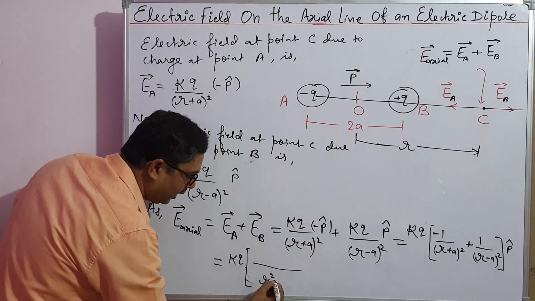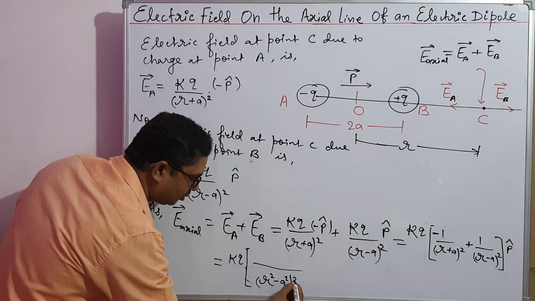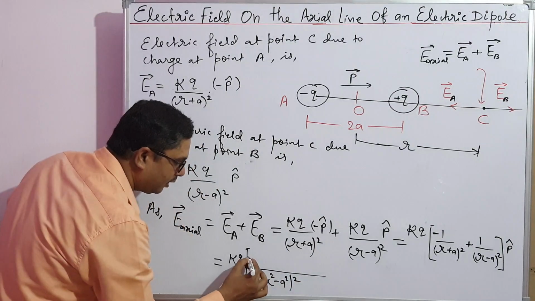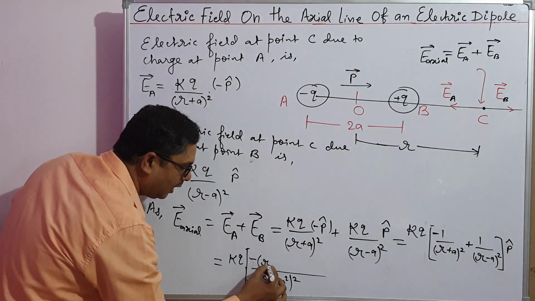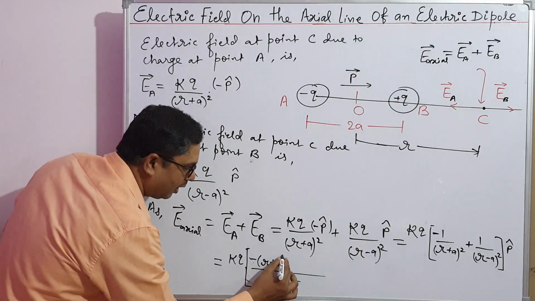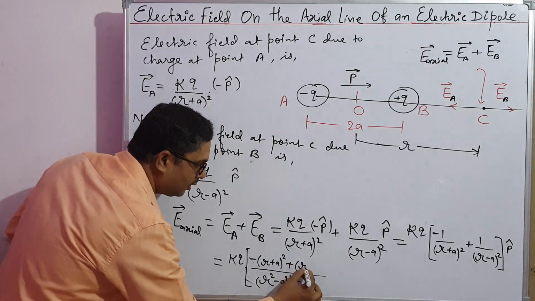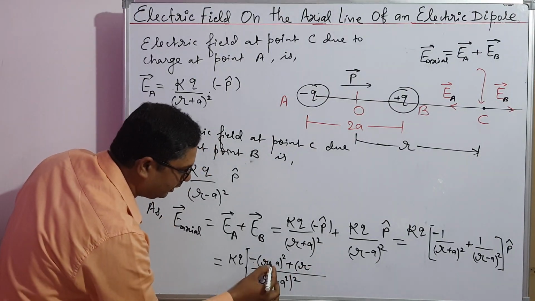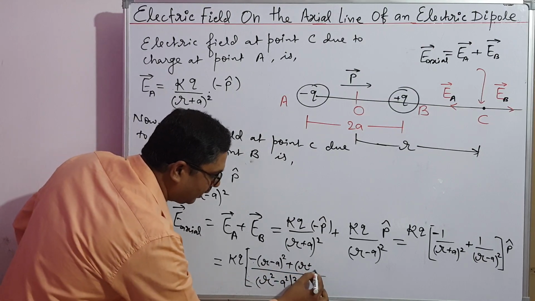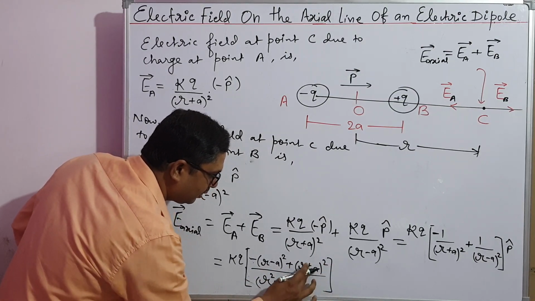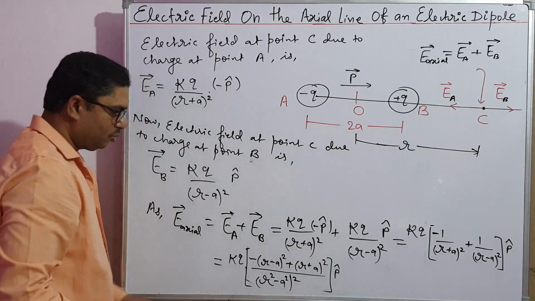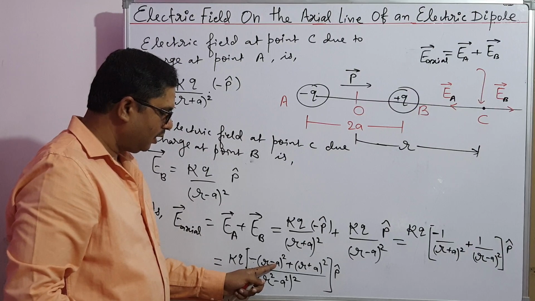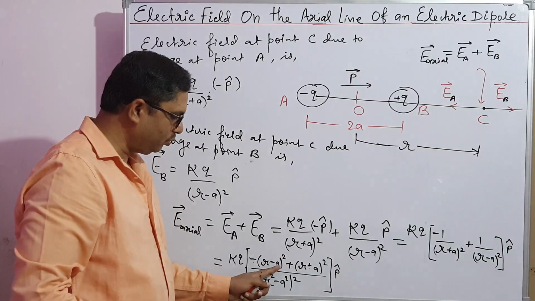LCM is R square minus A square whole square, and in the numerator you get R plus A square minus R minus A square, P cap. Now R plus A square is R square plus A square plus 2AR, and R minus A square is R square plus A square minus 2AR.